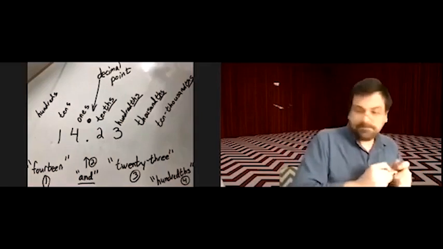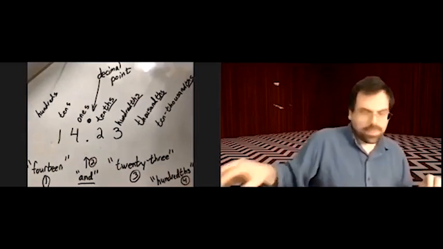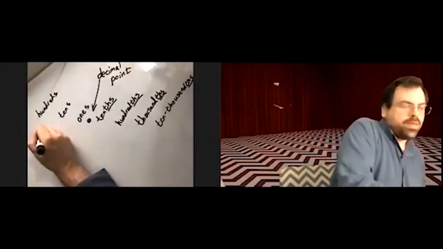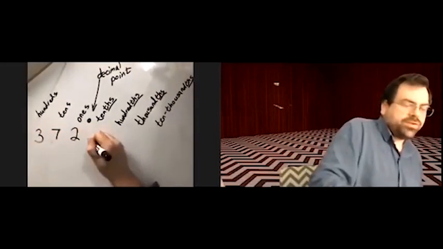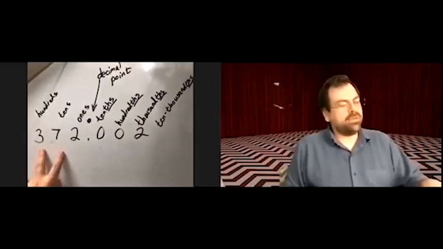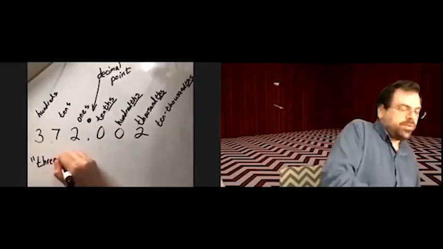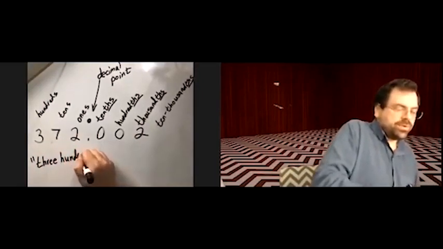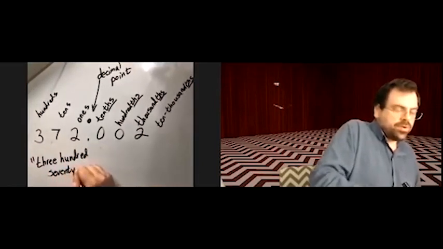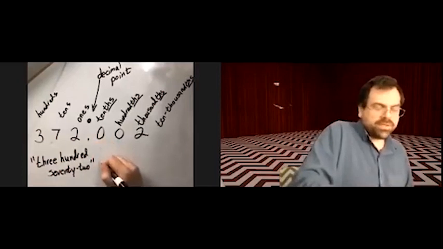Let's do another one. 372.002. Well, how do we say this? 372 and decimal point.